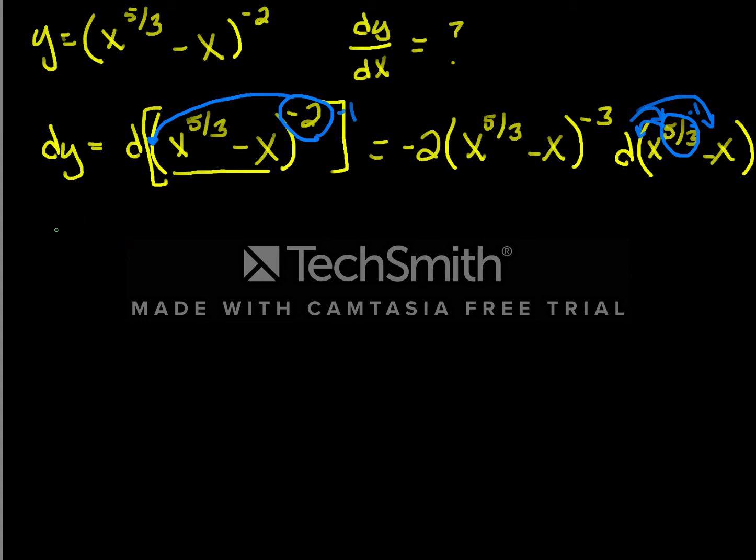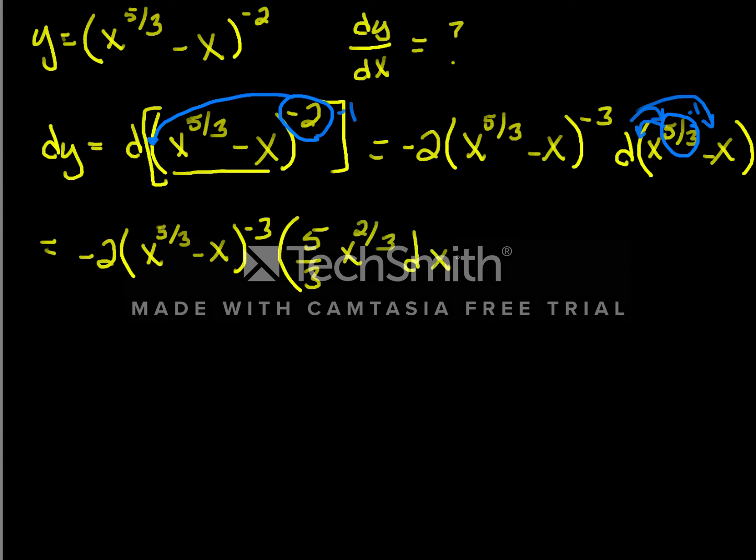So this is equal to negative 2 times x to the 5/3 minus x raised to the negative 3 power, all times, okay, the differential here is 5/3 x to the 2/3 dx minus dx.